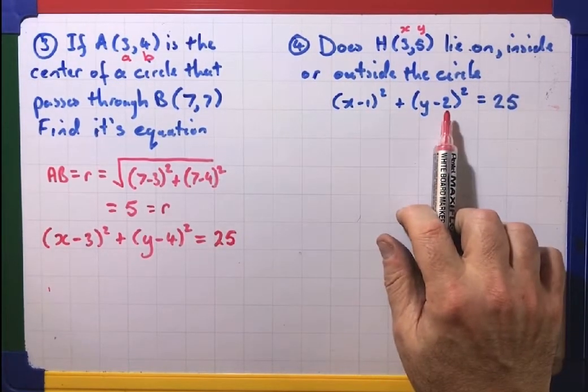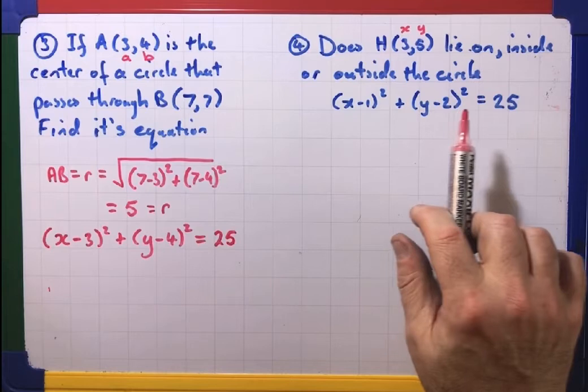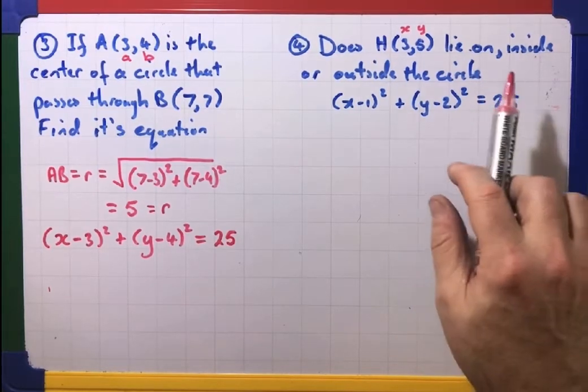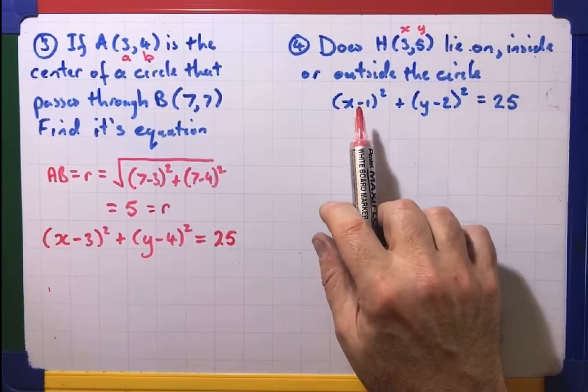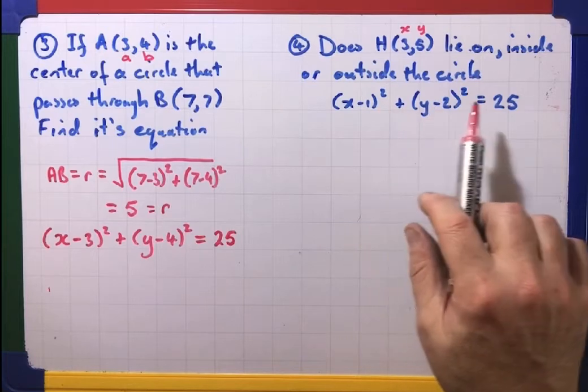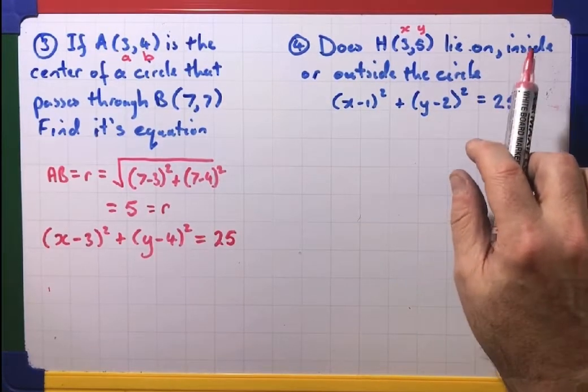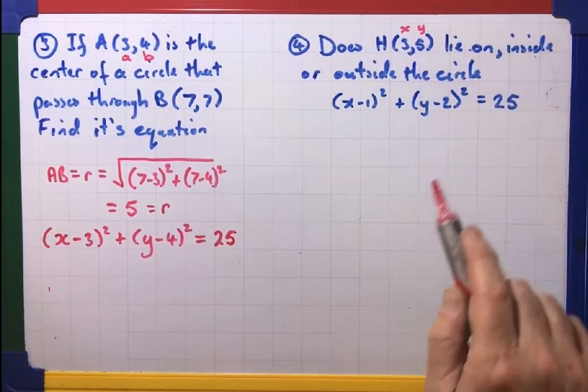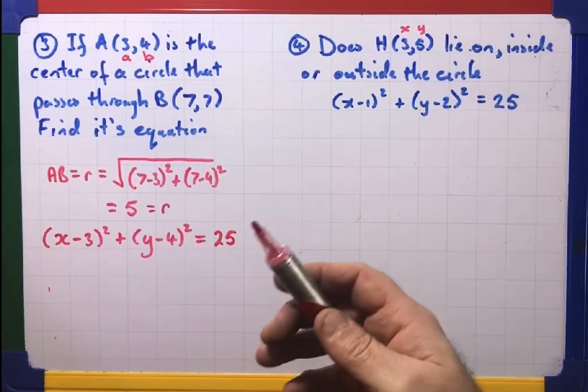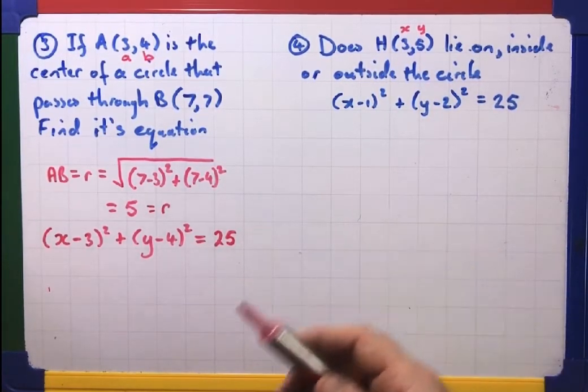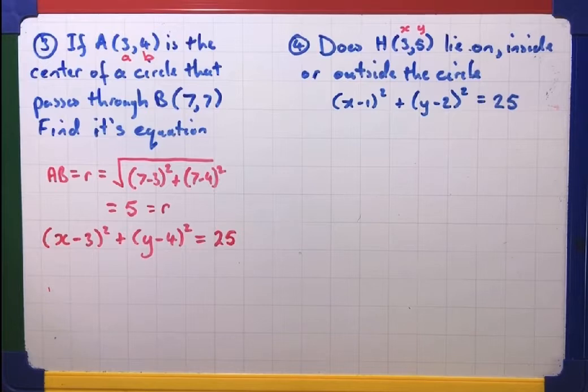If it's greater than 25, it's outside the circle. And if it's less than 25, it would be inside the circle, because remember, that's the square of the distance from the centre of the circle.